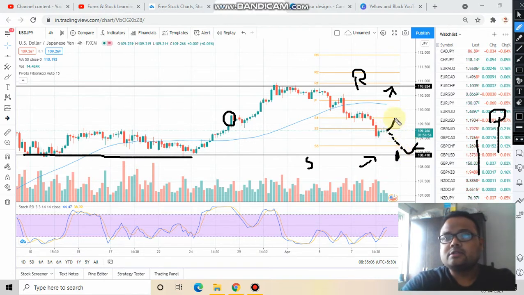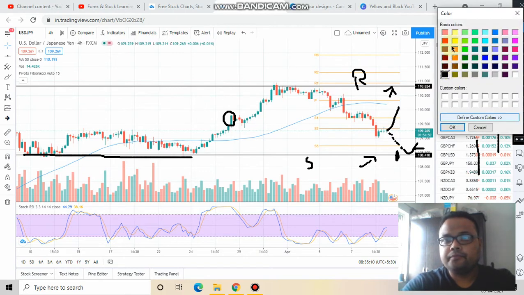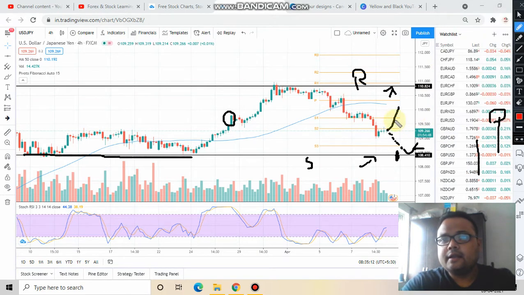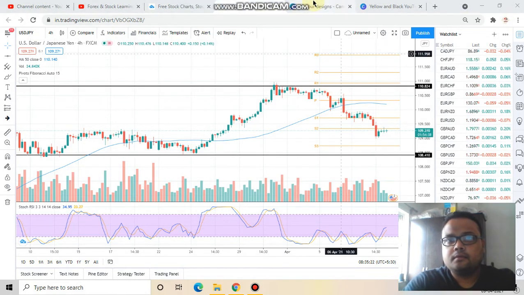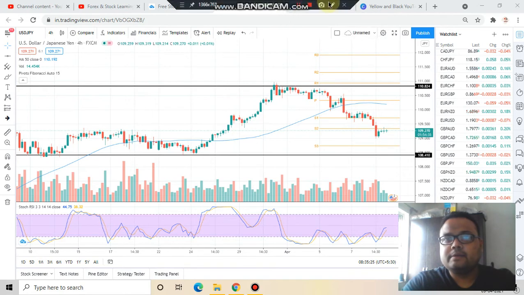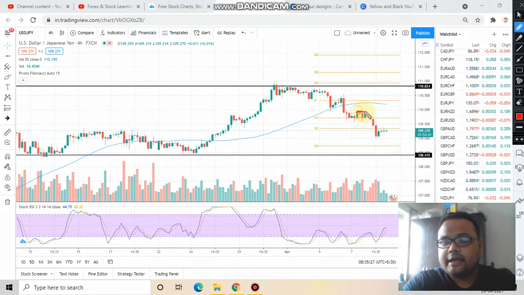In case the market goes up from here, then look at the price at this particular level, because we can see that the price consolidated at this level.